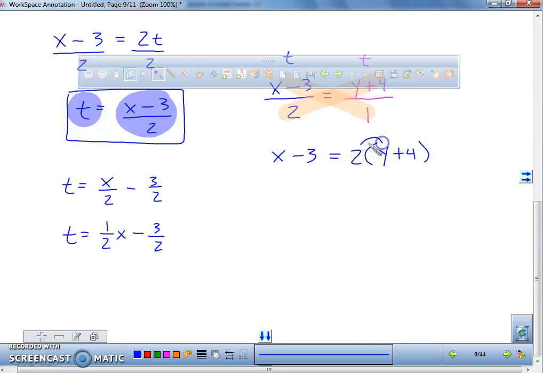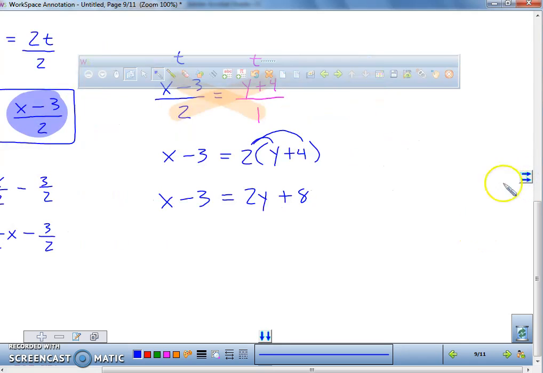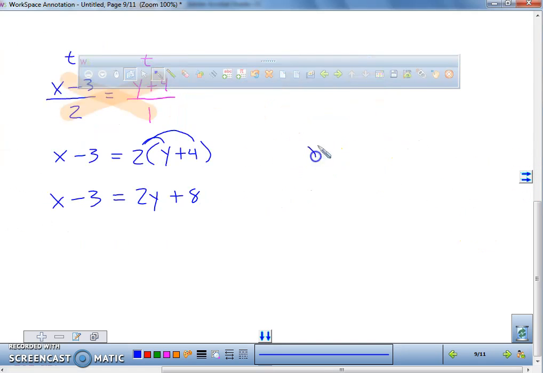So when you distribute the 2 to both numbers, you get 2y plus 8. Now, remember, what are we trying to change everything to? We're trying to change everything to y equals mx plus b form, slope-intercept form.